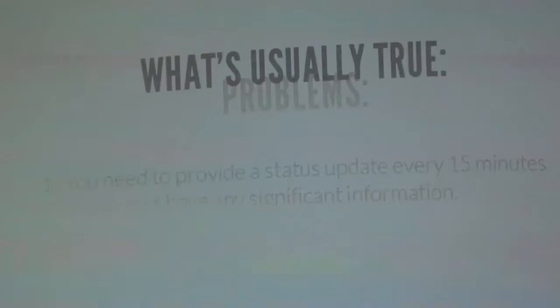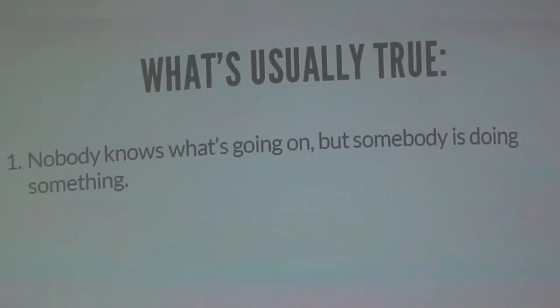There is a solution. Because we can always say something that is usually true. And from my experience, it would be one of those two messages. First message would be something that states that nobody knows what's going on, and nobody has acted yet. But somebody is already doing something.